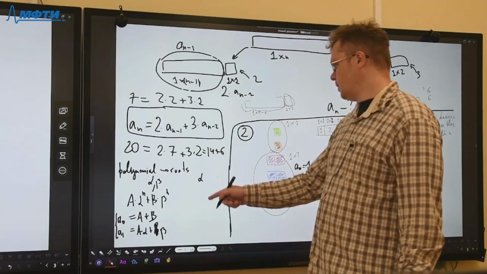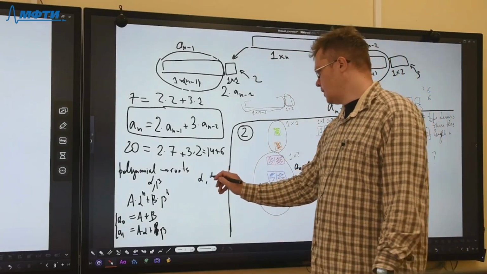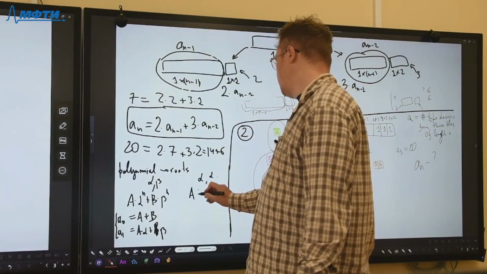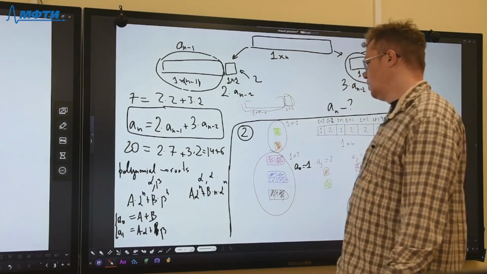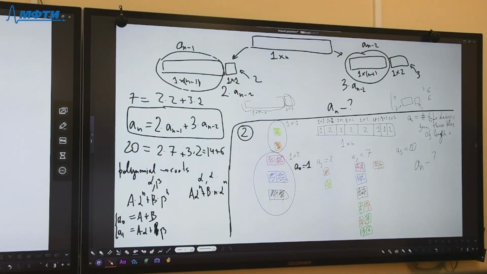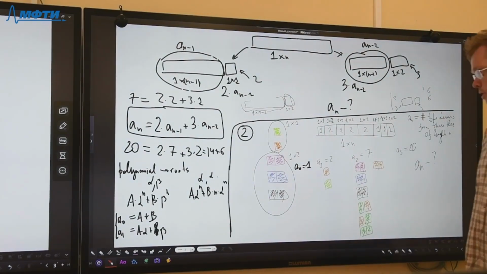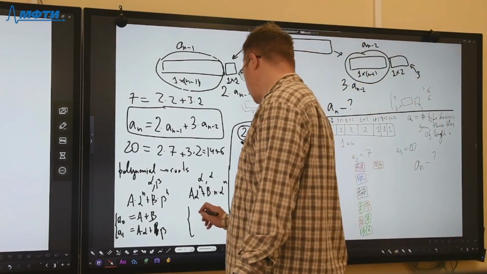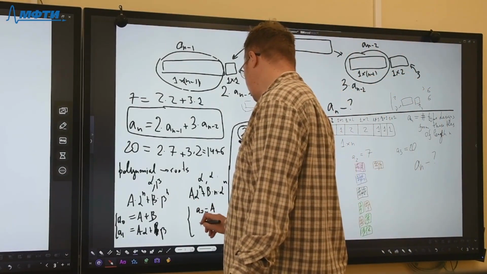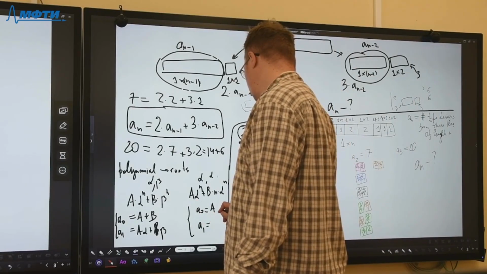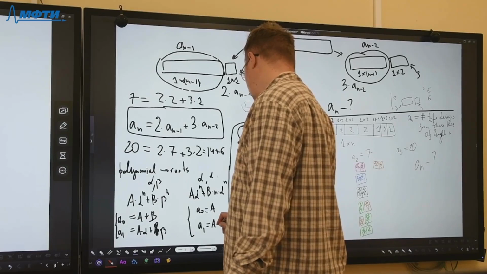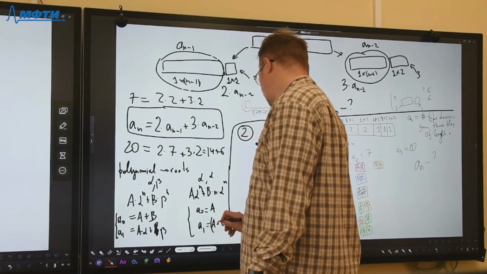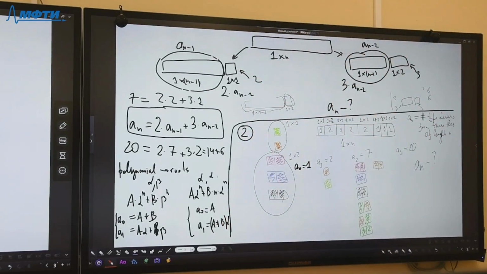And if alpha is a multiple root, then we already discussed that you need to find a_n as a linear combination of alpha to the nth power and n times alpha to the nth power. So you can write a_0 equal to A and a_1 as A plus B times alpha, something like that.